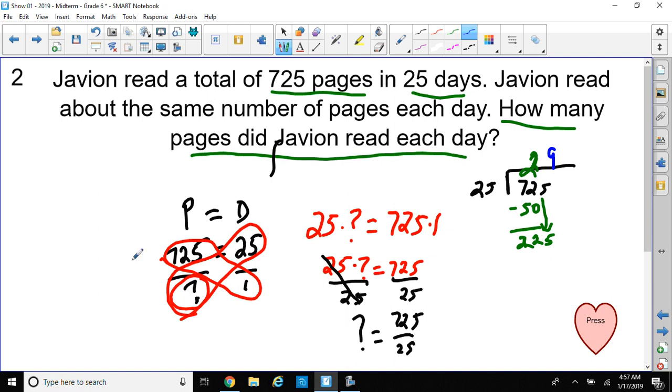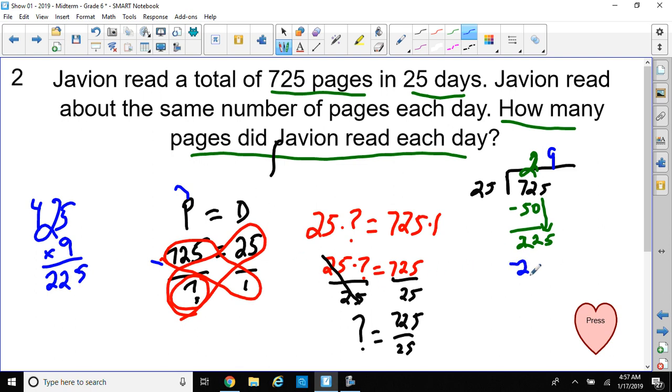Let me check just to make sure. 25 times 9: that's 45, carry the 4. That's 18, plus 4, that's 225. Yeah, so it is 9.